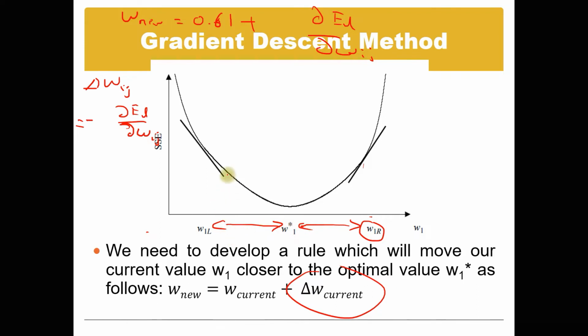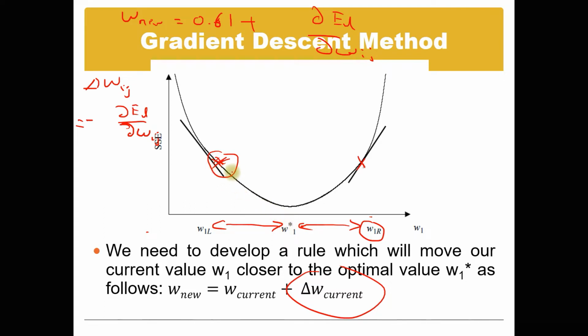And you will get the updated weight here. So the current weight was here, the new weight will become here. But then when you come to this side, you will have to re-update this weight because it is still far from W star 1.